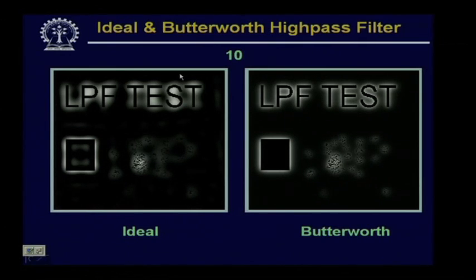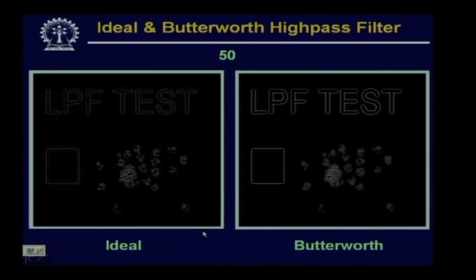So, here on the left hand side, this is the response of an ideal high pass filter. On the right hand side, we have shown the response of a Butterworth high pass filter, and in both these cases the cutoff frequency was taken to be equal to 10.